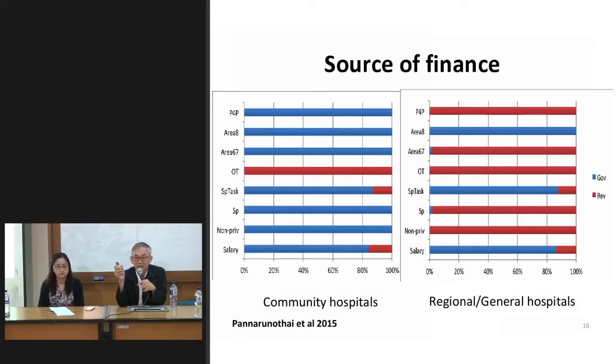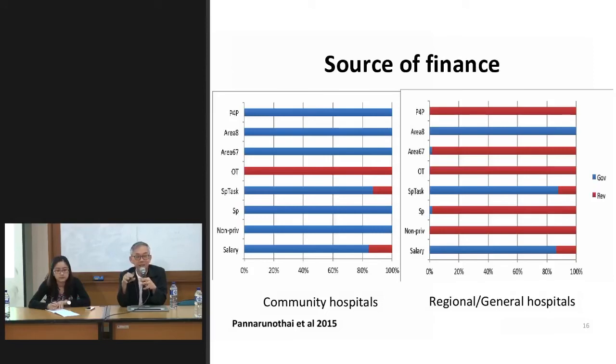The P4P part in the regional or provincial hospital is totally paid out of that. And also other things like non-private practice in the provincial hospital is paid by the provincial hospital, but the government gives subsidy to community hospitals for non-private practice payment.